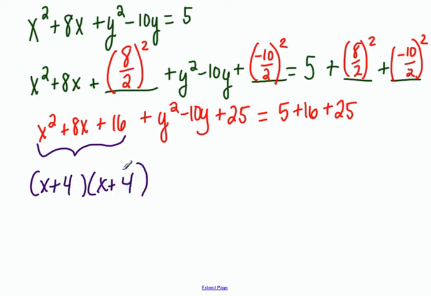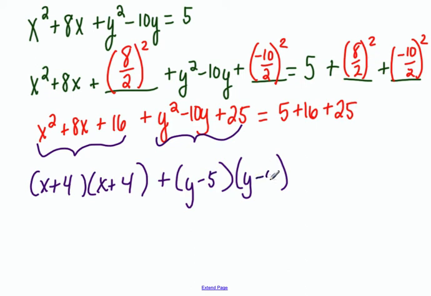This will always be the number b divided by 2. 8 divided by 2 is 4. Plus, now factor this piece. What multiplies to be 25 and adds to be -10? -5 and -5. Again, it's right there. -10 divided by 2 is -5. Equals, what's 5 plus 16? 21 plus 25?